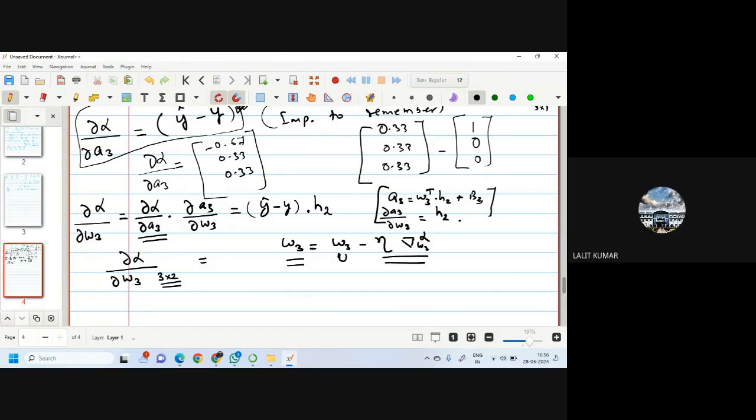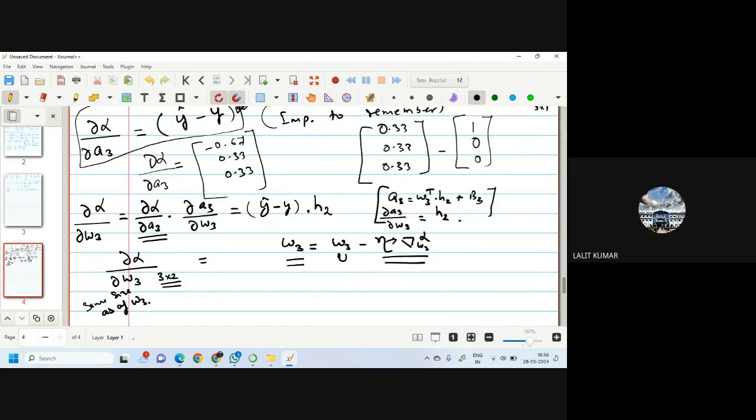We are multiplying by a scalar, and then doing subtraction. So this has to be the same size as W3.